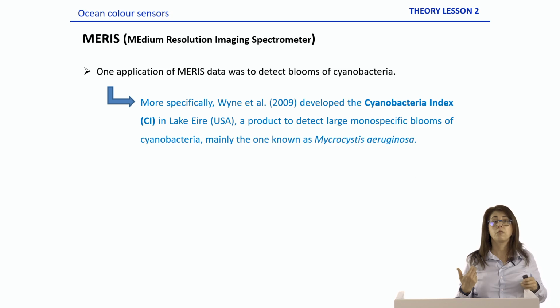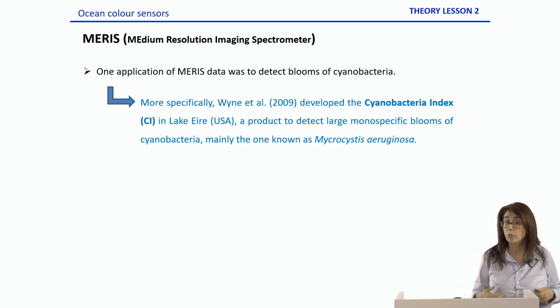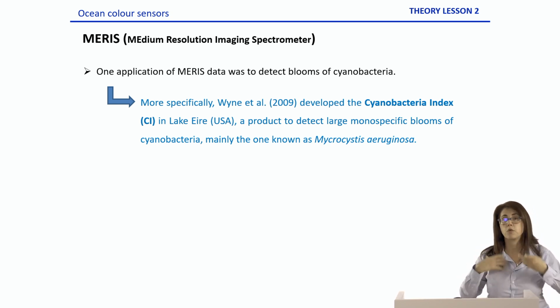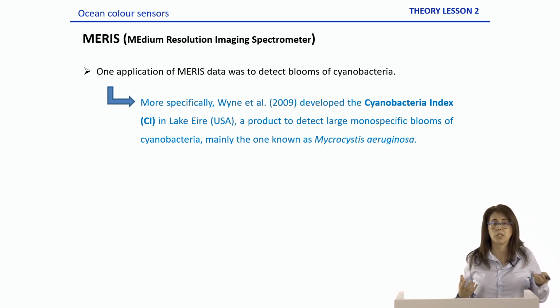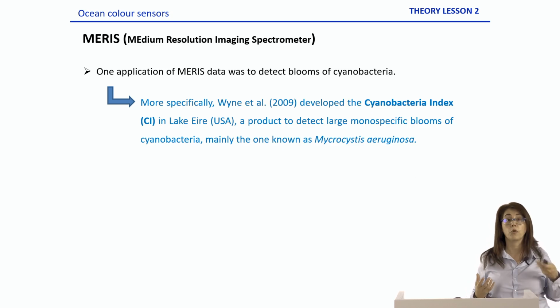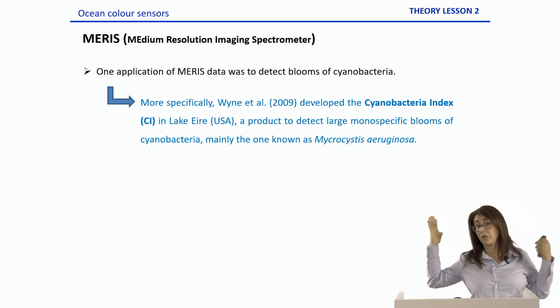One application of MERIS was to detect blooms of cyanobacteria, and more specifically, there were some algorithms that were developed specifically for cyanobacteria. One of them is the Cyanobacteria Index, or CI Index, that was developed for Lake Erie in the US. Do you remember Lake Erie and the cyanobacteria problems?